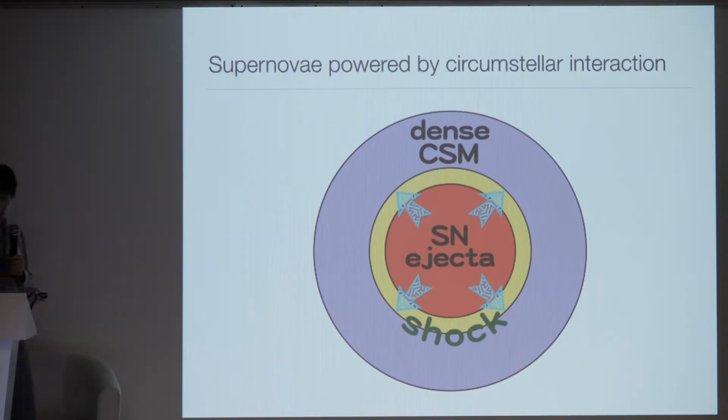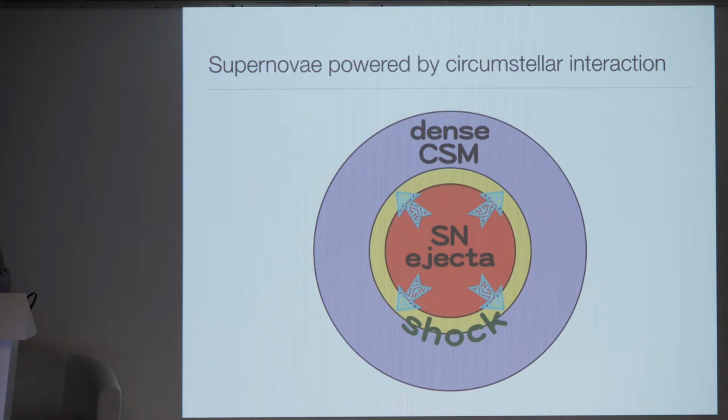So type 2N supernovae indicate that there should be dense circumstellar matter surrounding the ejecta, and it should be created by the progenitor before the explosion.